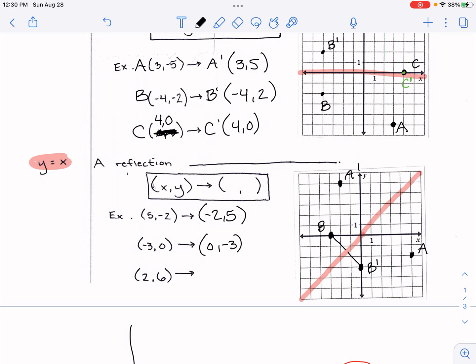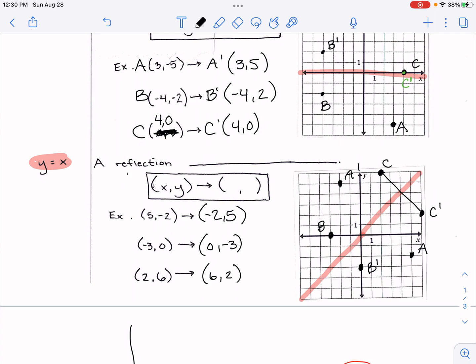And then finally, let's erase that. 6, 2. So that is 2 right and 6 up right here. We'll call this C. This is the same if we're to reflect it. The image would go to right over here. This is where C prime would be. And that is 6, 2.